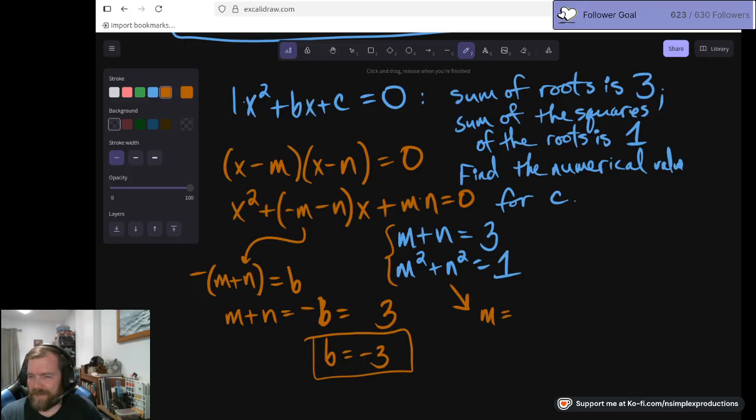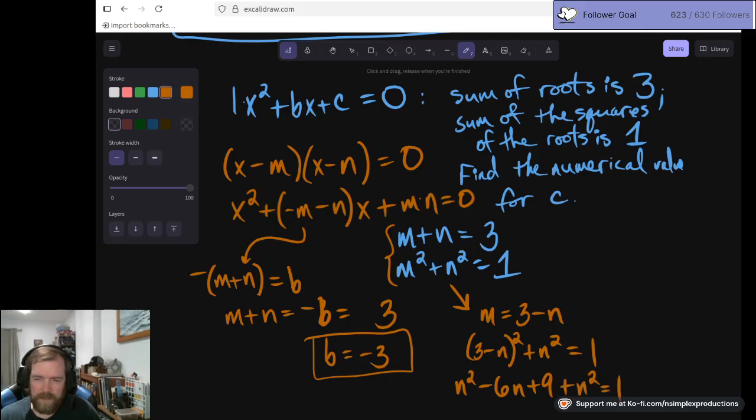If m is equal to 3 minus n, then 3 minus n, parentheses squared, plus n squared is equal to 1. This is going to be n squared minus 6n plus 9 plus n squared equals 1. This is 2n squared minus 6n plus 8 equals 0.